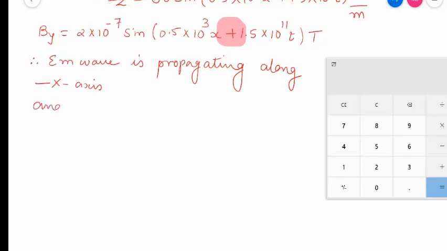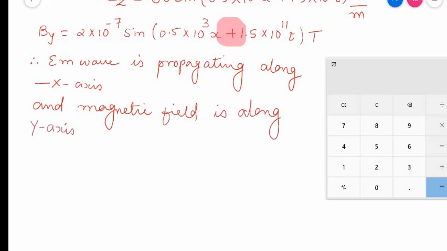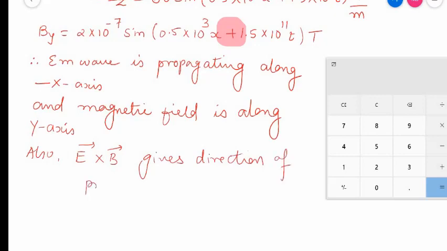and the magnetic field is along the y-axis. Also we know that E vector cross B vector gives the direction of propagation of the wave.